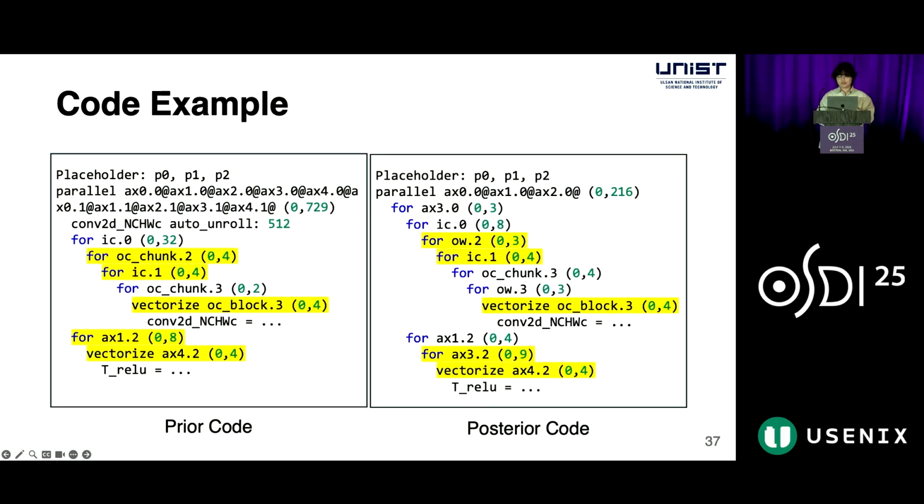This figure compares the prior code and the posterior code, where the posterior code is generated by the diffused parameters from the prior parameters. When we apply the parameters to generate code, the posterior code ends up looking very similar to the prior code. For example, they have the same or similar loop iterations.